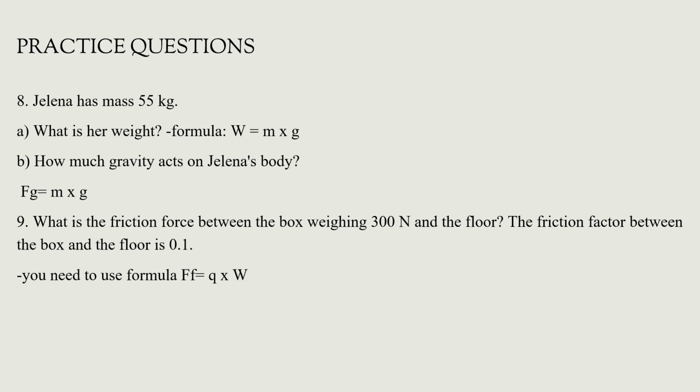So the answer for 8A is 550 newtons. How much gravity acts on Yelena's body? Again, mass is 55 kilograms, small g is again 10 newtons per kilogram, so 55 times 10 is 550 newtons. So gravity is 550 newtons.